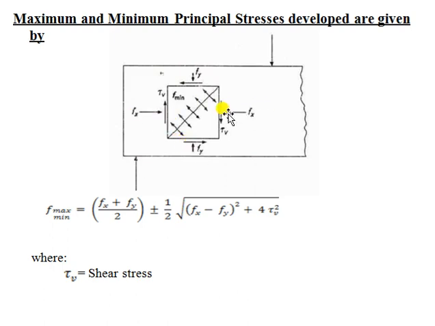In this figure, let f of x be the horizontal prestressing and f of y be the vertical prestressing. Horizontal and vertical prestressing means the cables are pulled in the horizontal direction as well as in the vertical direction. That means the cables are provided in the horizontal direction as well as in the vertical direction.